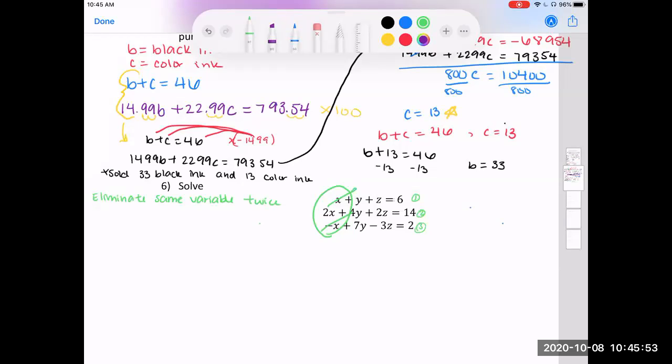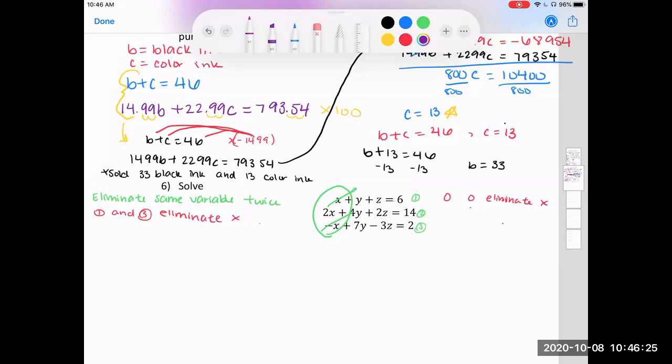Okay, so we're going to take equations 1 and 3, and we're going to eliminate x. And then you want to repeat the process, and you want to take two equations and eliminate x again. So far we're starting off with 1 and 3.